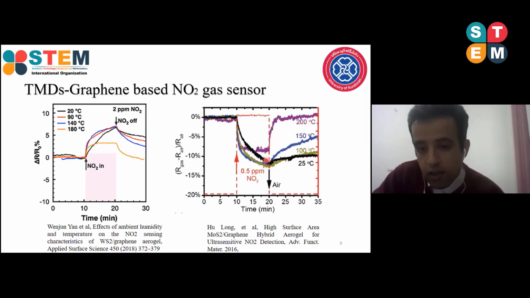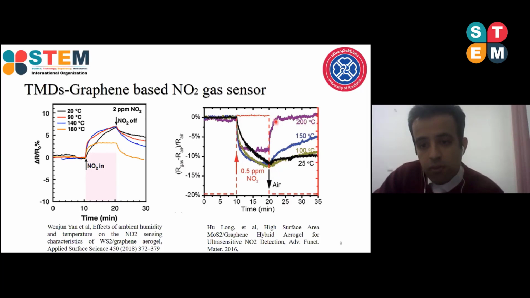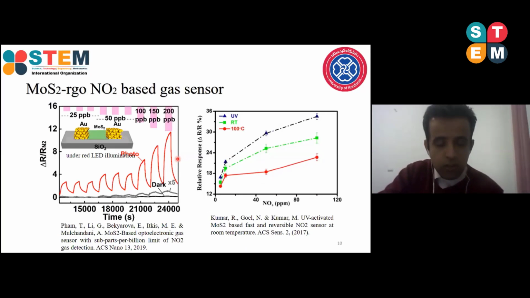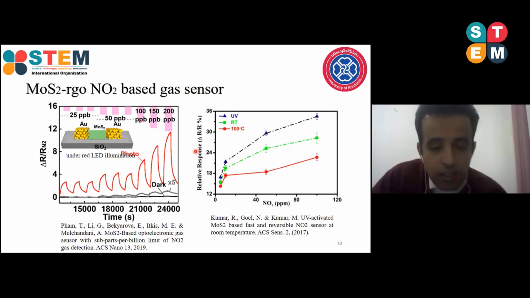So there's a trade-off between these two parameters, and sometimes if you want a better recovery time, we lose the sensitivity of the sensor. So one option is, instead of using thermal energy, to use light irradiation.